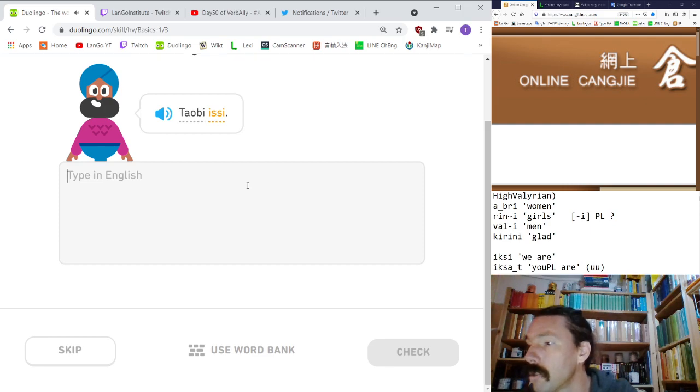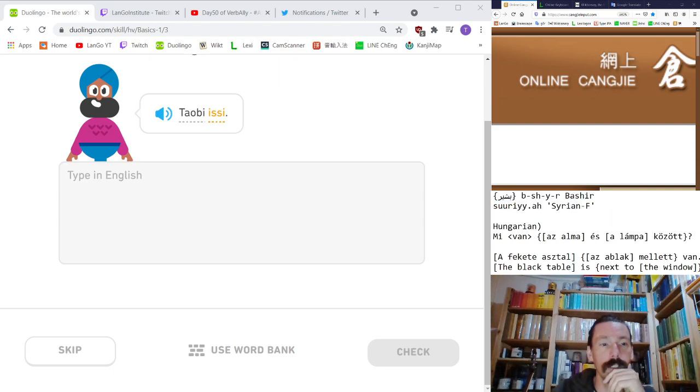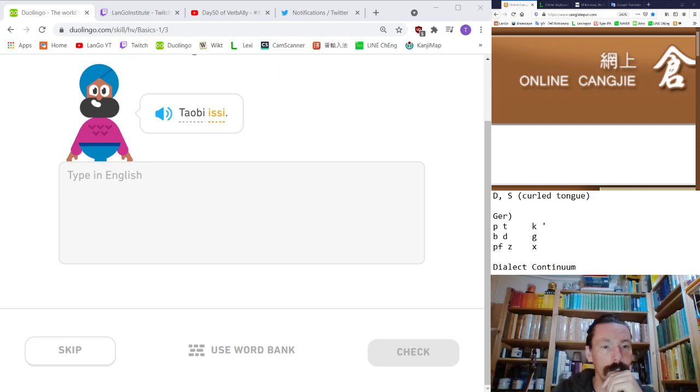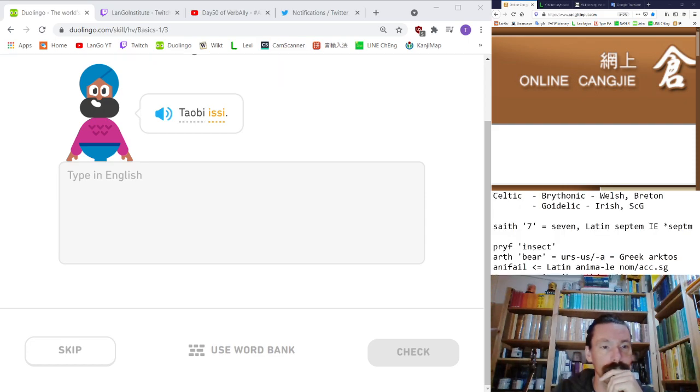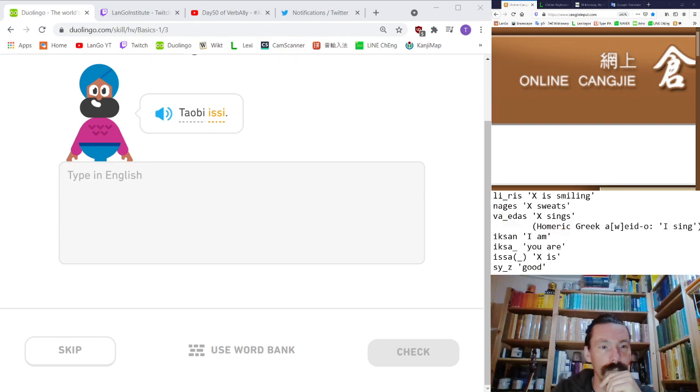Taubisi. Sure. Yeah, I can't find it. Let's look for how I remember collecting him. Was taking pretty copious notes here the other day. There we go.